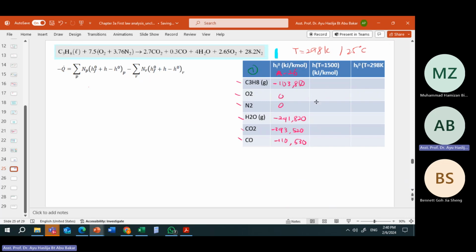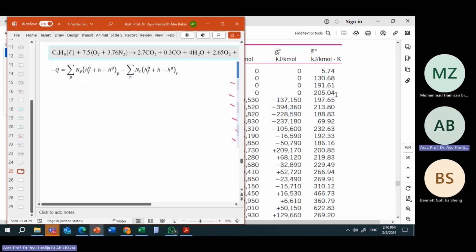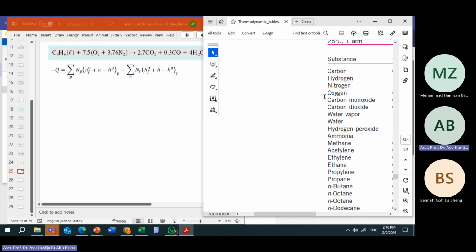Next, we should find the H at temperature, specific temperature. So 1500 for both, for all components.